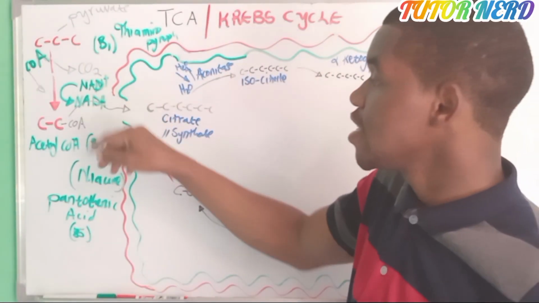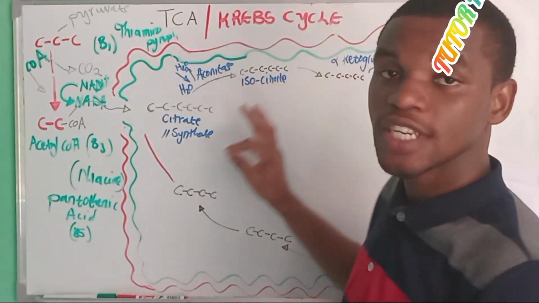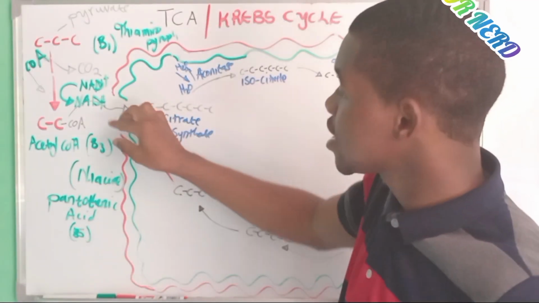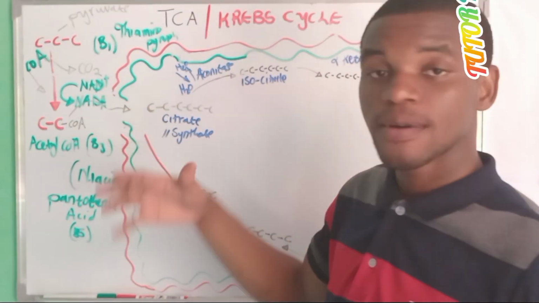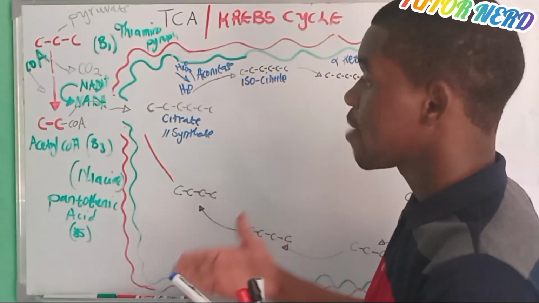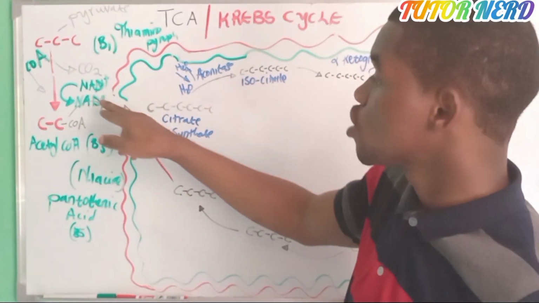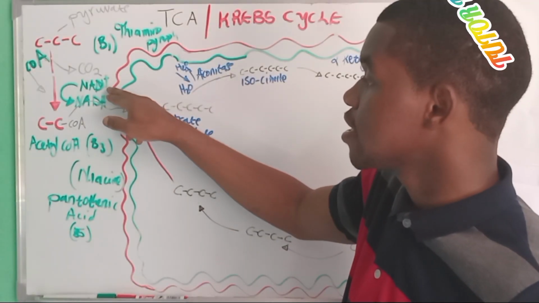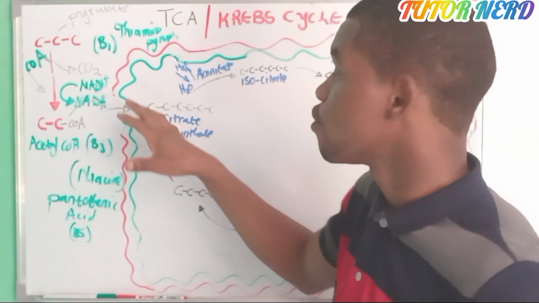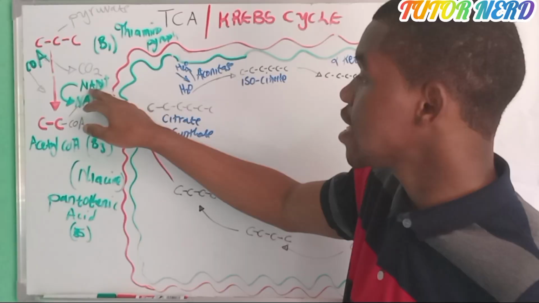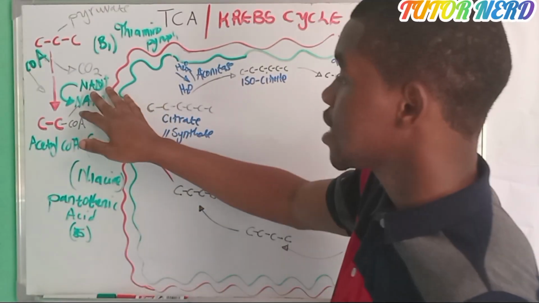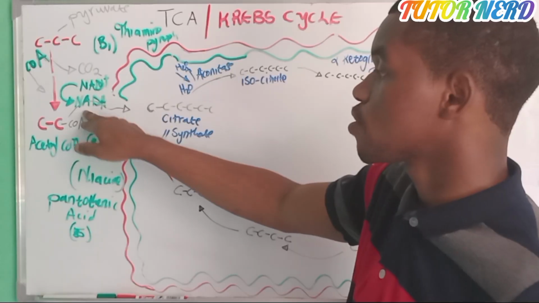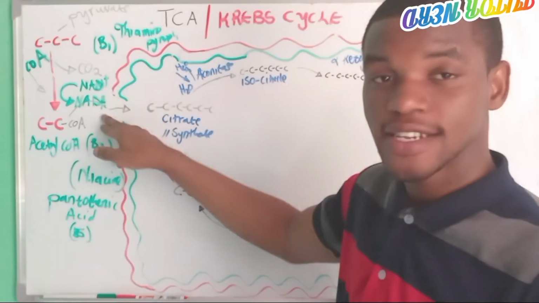Anytime you hear dehydrogenase, that enzyme is associated with the production of NADH. In some processes in the body, it is not necessarily NAD that is involved, but also NADP plus. But for this one, just concentrate on NAD plus, yielding NADH.